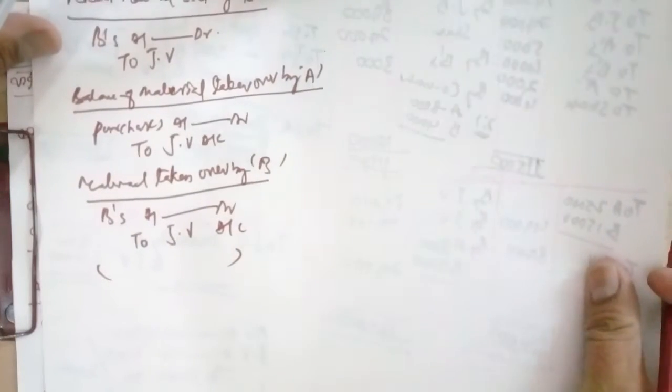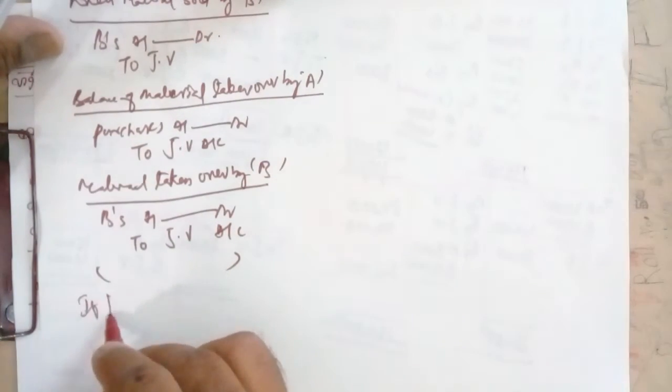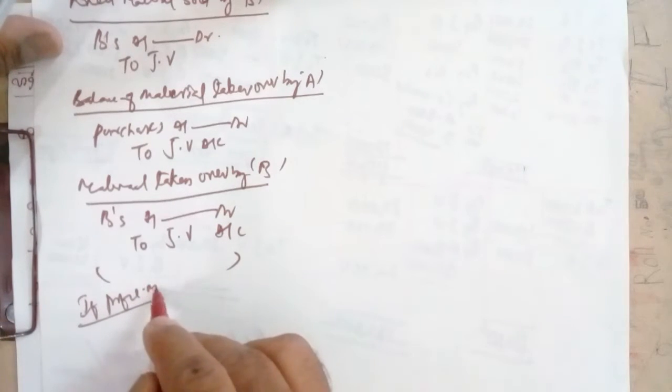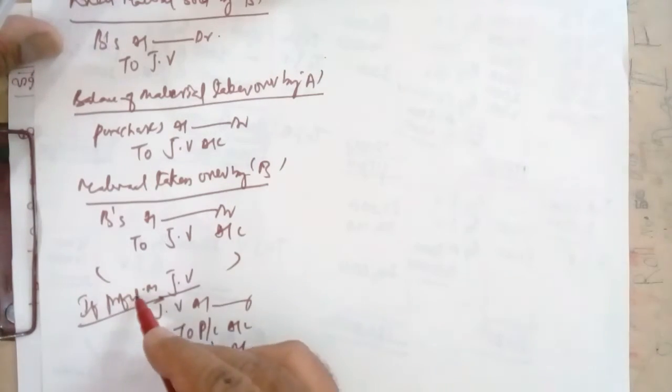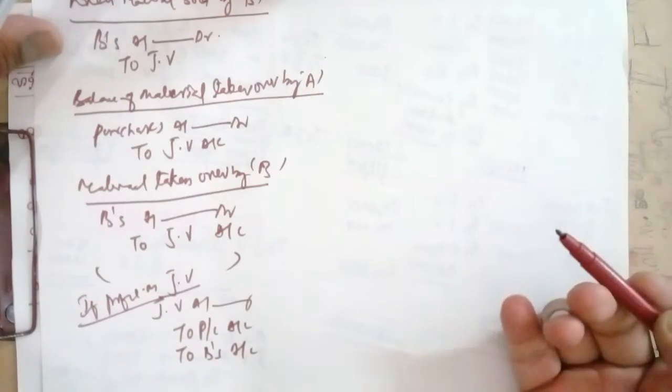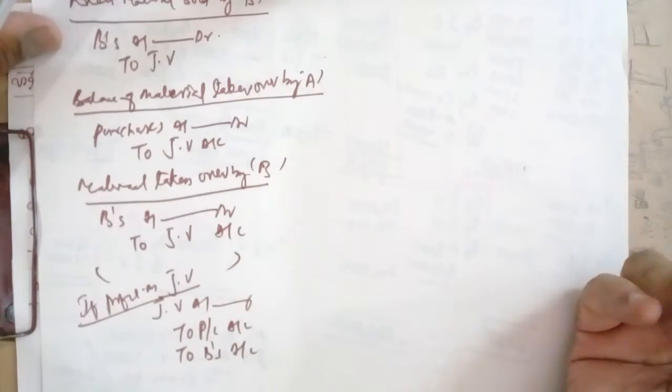So like this, we need to pass the entry. Next, once this entry is done, if there is profit on joint venture, then joint venture account debit to P&L account, A's share to A's account, B's share to B's account. Right? If loss, this entry would be reversed. That is P&L account, A's account, B's account to joint venture.